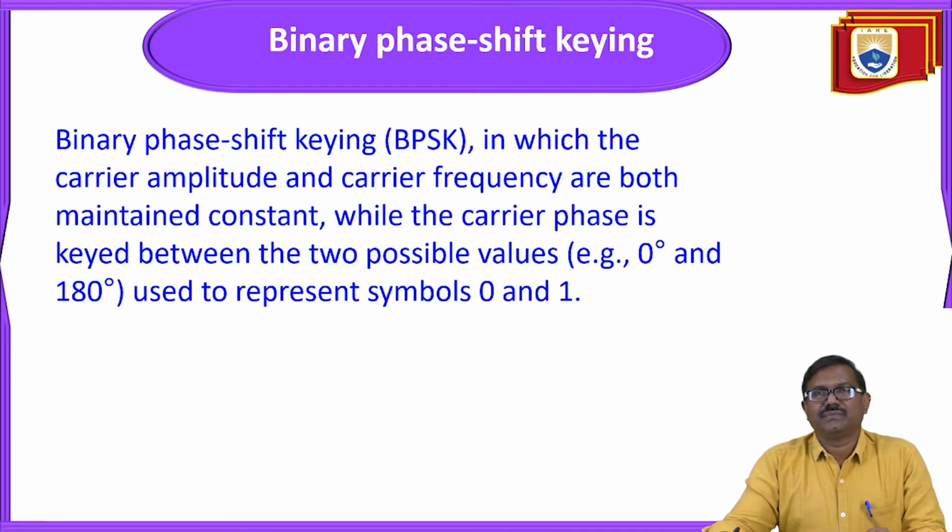Whereas the second one, binary phase shift keying: here the carrier amplitude and frequency are both maintained constant, while the carrier phase is keyed between the two possible values used to represent symbols 0 and 1.